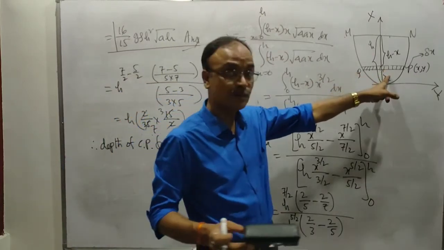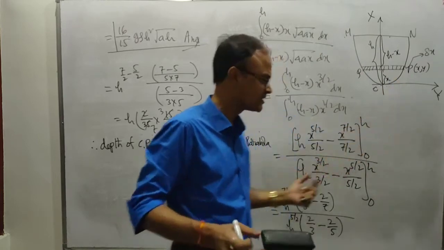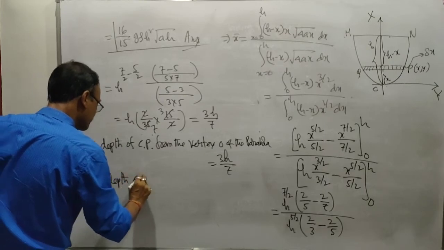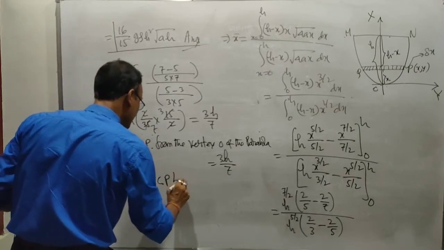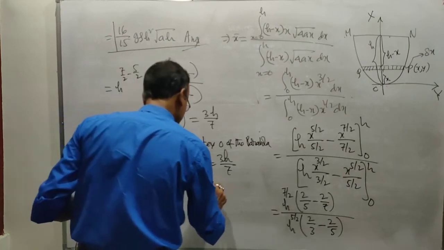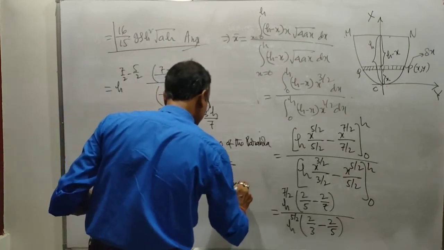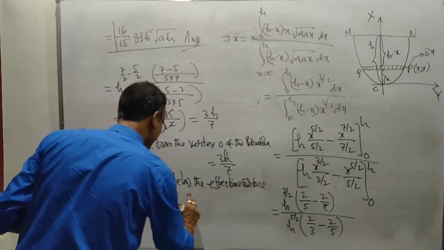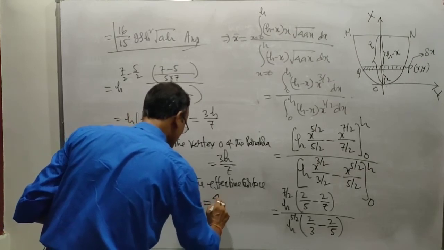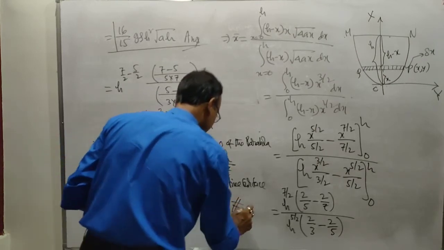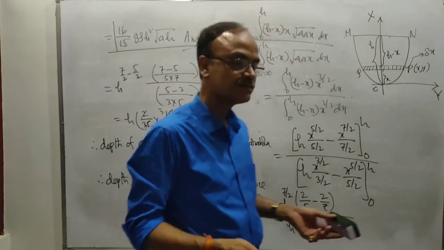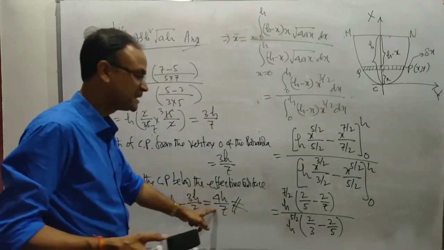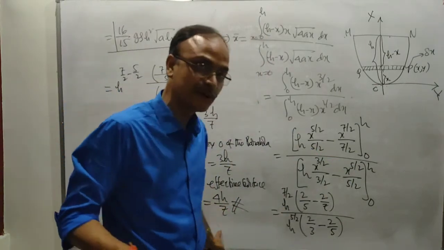Therefore, depth of the center of pressure below the effective surface will be h minus this, equal to h minus thrice h by 7, equal to 4h by 7. Below the vertex is thrice h by 7, and below the effective surface, the depth of the center of pressure is 4h divided by 7.